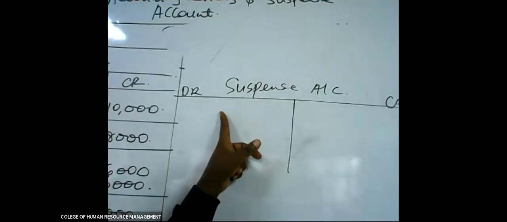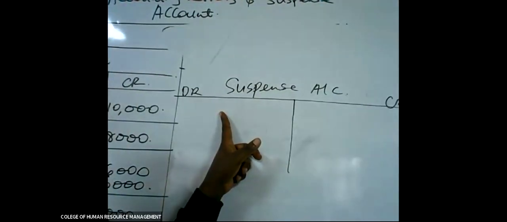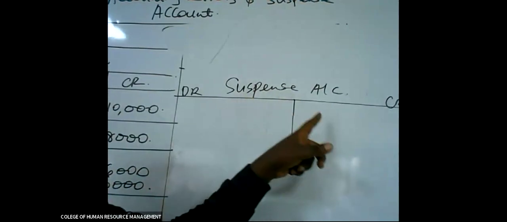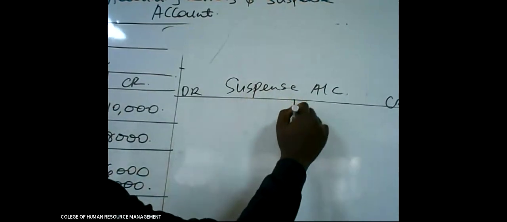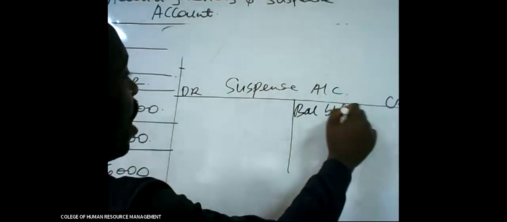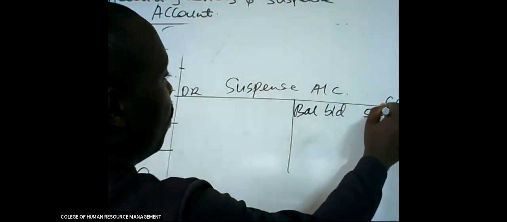If it was the debit with less, the balance brought down would have come to the debit. But now it is on the credit, so it will go to the credit as balance brought down. The difference is 51,000.